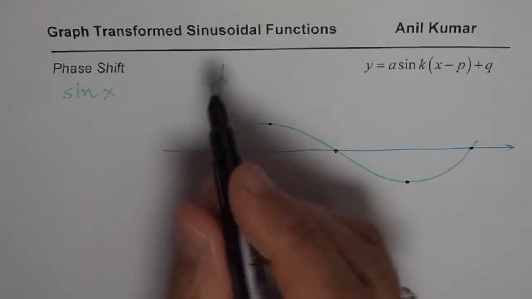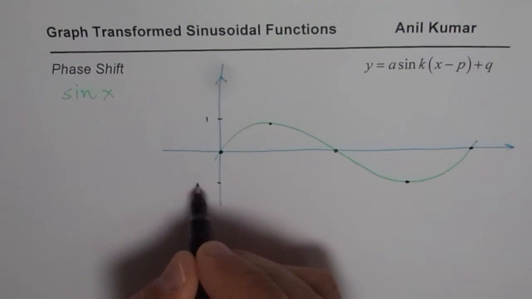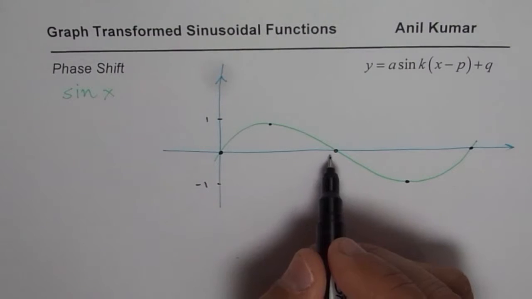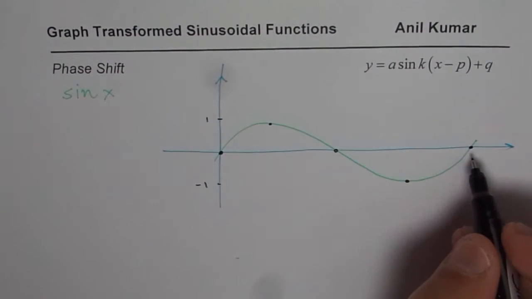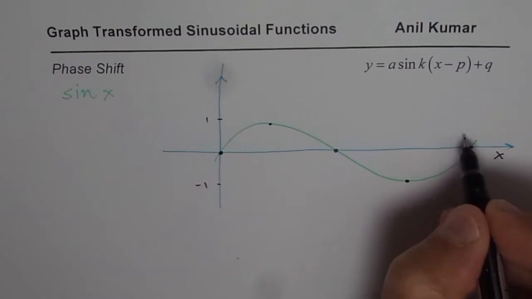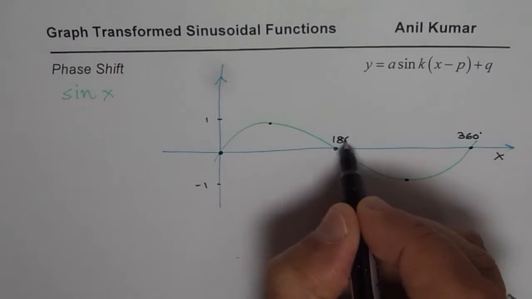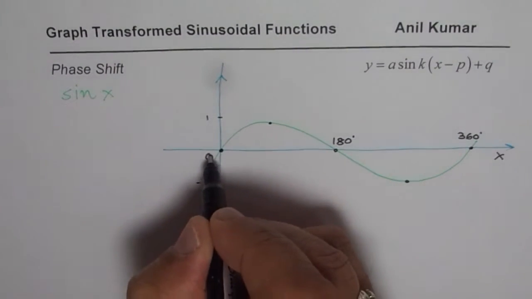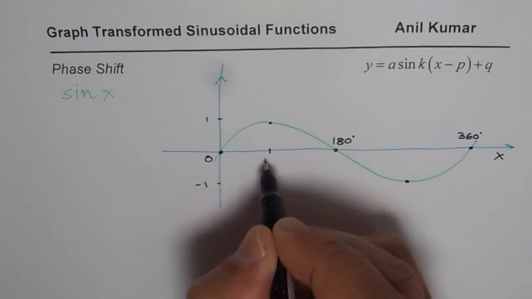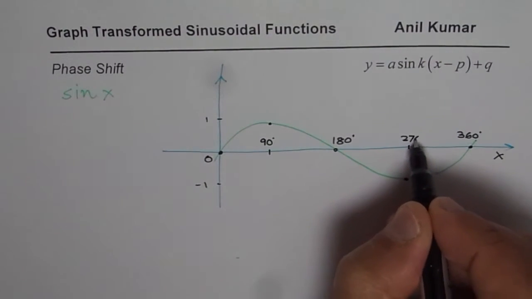So we are considering an amplitude of 1. So these points will be 1 and minus 1 for us. And as far as the x-axis is concerned, if you're working in degrees, it will be 360 degrees for one cycle, 180 degrees for half the cycle, 0, and this portion is 90 degrees, and then we have 270 degrees.